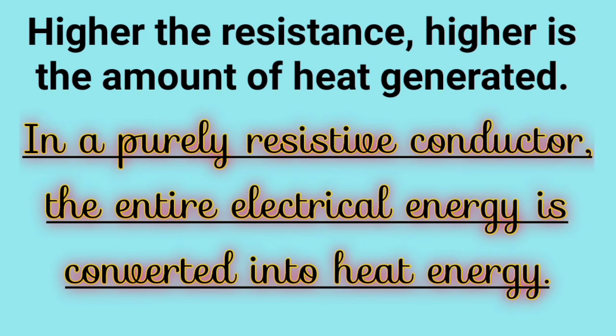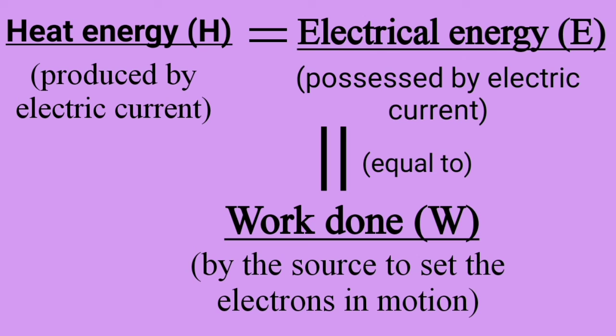Like we have purely resistive conductors in electric heater, electric geyser, electric kettle, etc. So we can say that the heat energy produced by electric current, actually caused by the resistance offered by the conductor, is equal to the electrical energy possessed by the moving electrons, possessed by the electric current. So heat energy is equal to the electrical energy that the electric current carries in the circuit.